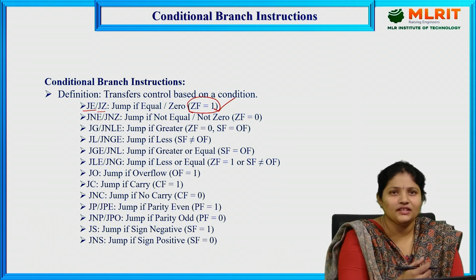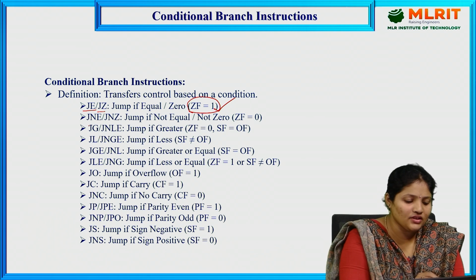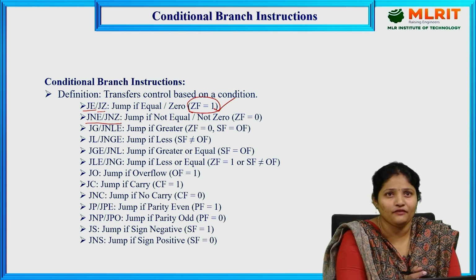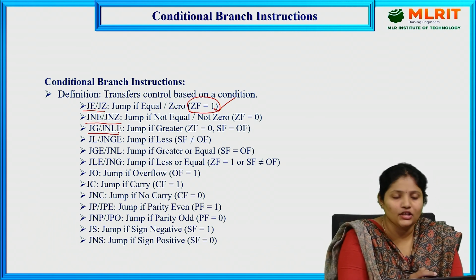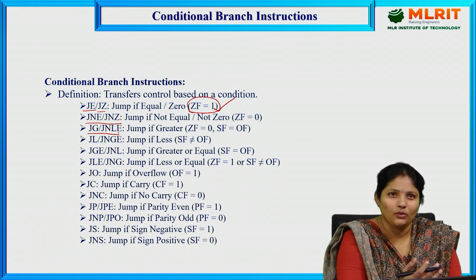Some examples of conditional branch instructions are jump if not equal or jump if not zero, jump if greater or jump if not lesser or equal, which are all equal to jump if greater.